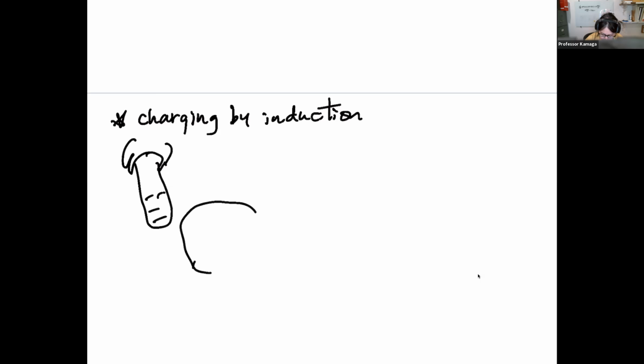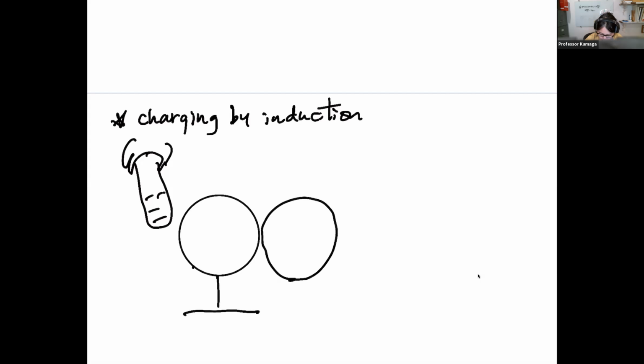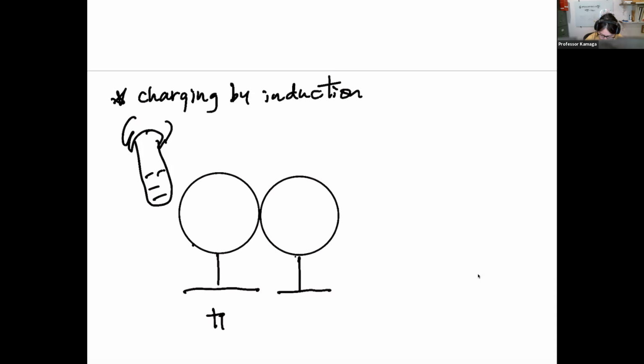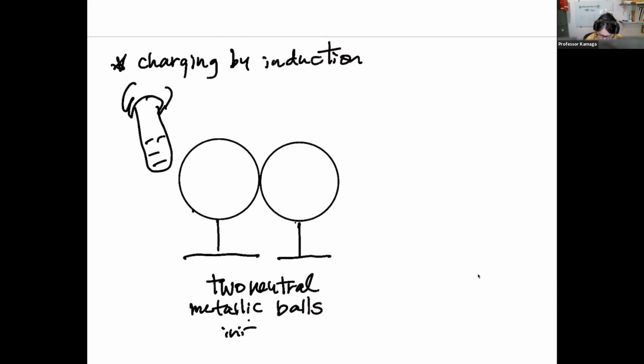And then here, I have two neutral metallic balls in contact initially. So they are attached.